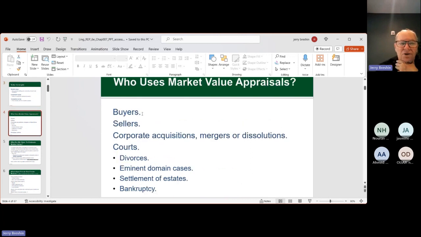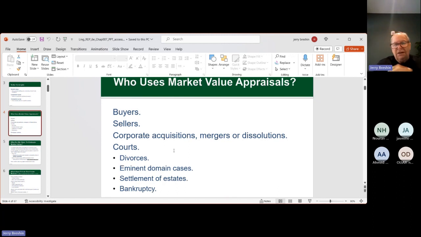Okay, who uses appraisals? Buyers, sellers, anybody that needs to have an estimate. The courts, let's say somebody gets divorced and they want to sell the property. Husband and wife will divide the property into two, so they want an estimate as to what the property is worth.